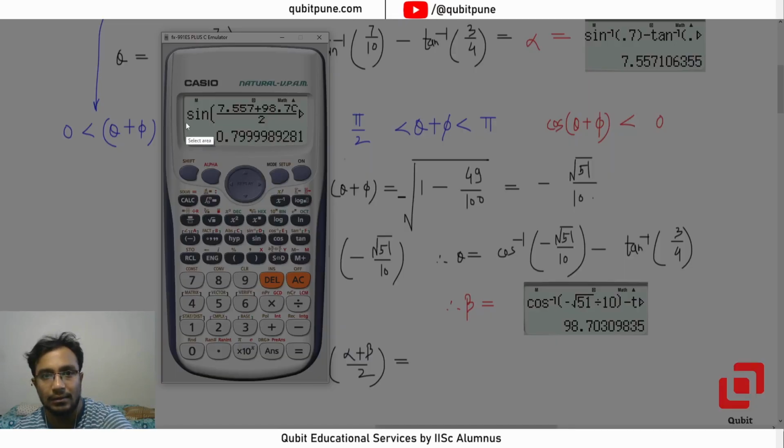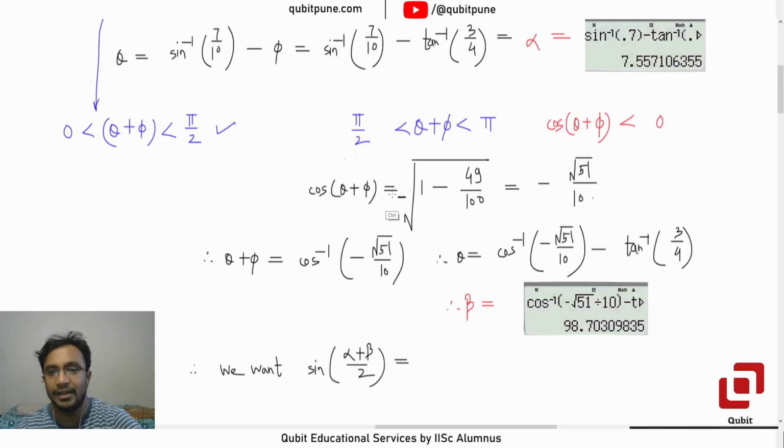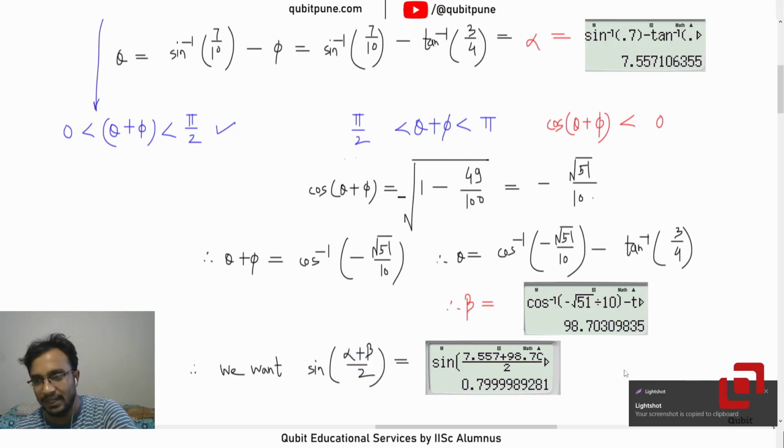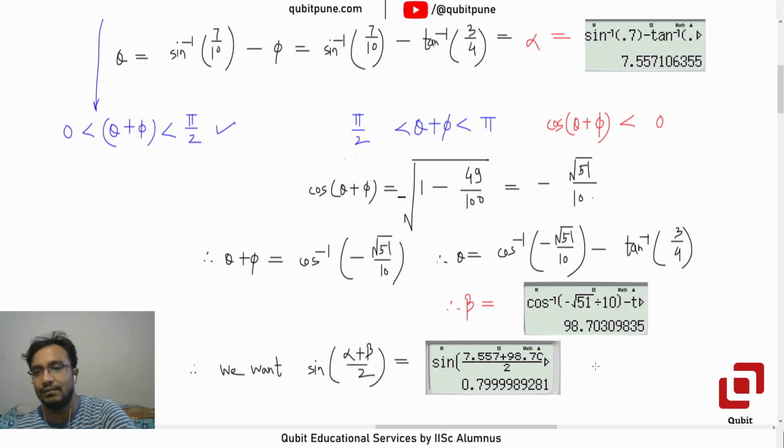And what value did we get there? We got it as 0.8. Because of so many 9s there and because of the approximations that we have used, this is equal to 0.8, or 4 by 5.